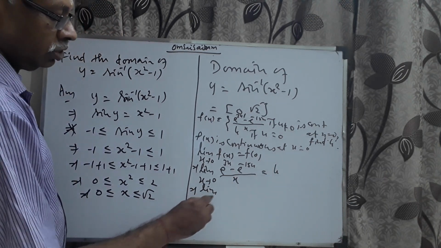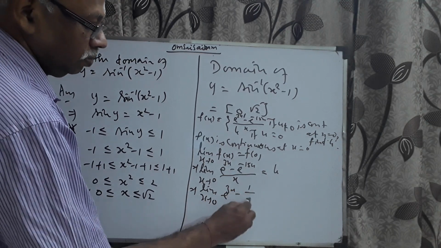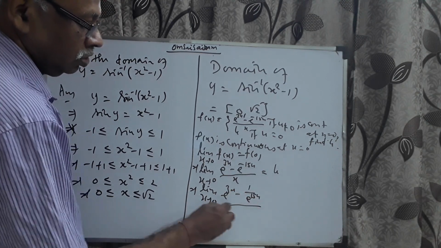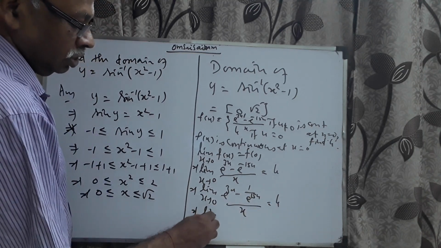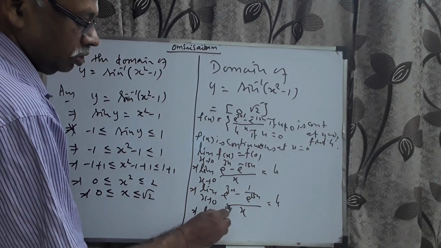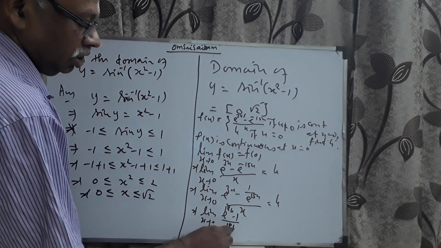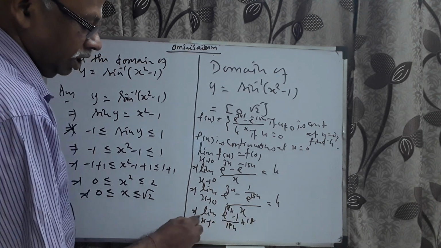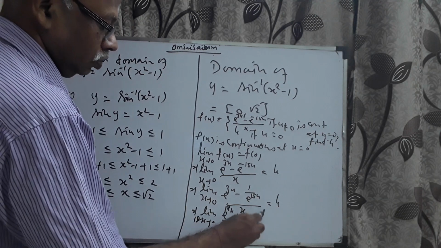This implies limit x tends to 0 of e power 3x minus 1 by e power 15x, whole by x, is equal to k, which implies limit x tends to 0 of e power 18x minus 1 whole by 18x, into 18. Multiply and divide by 18 here. Your 18x will tend to 0.